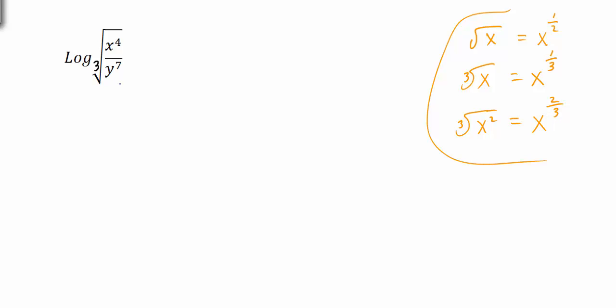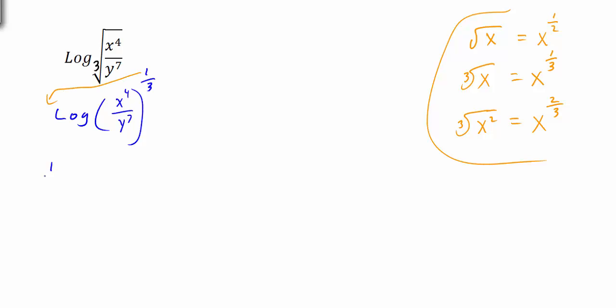And that's what I would recommend here with this example. I want to start by writing this as the log of x to the fourth divided by y to the seventh, and instead of the cube root, I want to raise this to the power of 1/3. And hopefully now you can see what we can do with this exponent. We can take this exponent and move it to the front, and that's our property number 3.